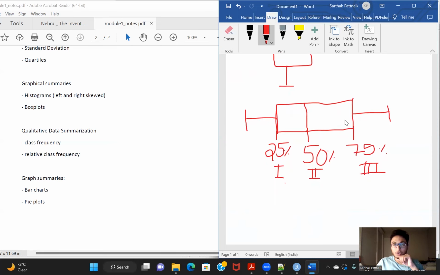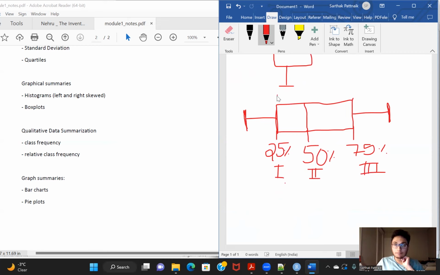These two lines are called the whiskers. And these represent the edges or the border values of a box plot.